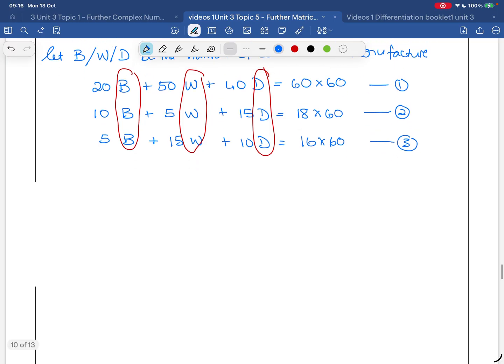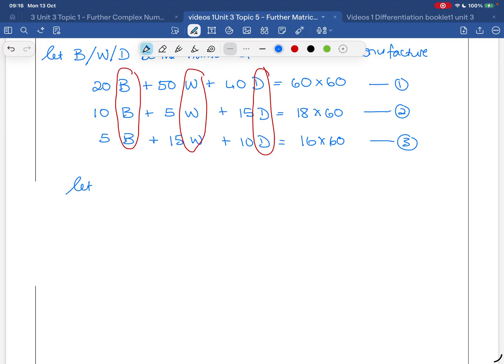All right. So now I'm going to turn this into matrices. I'm going to say let A equal, and I've got a 20, a 10, and a 5, and I have a 50, a 5, and 15, and 40, 15, and 10.